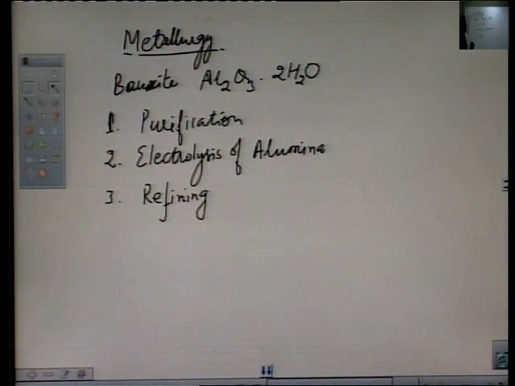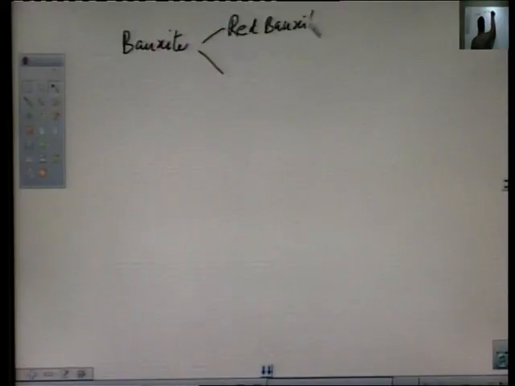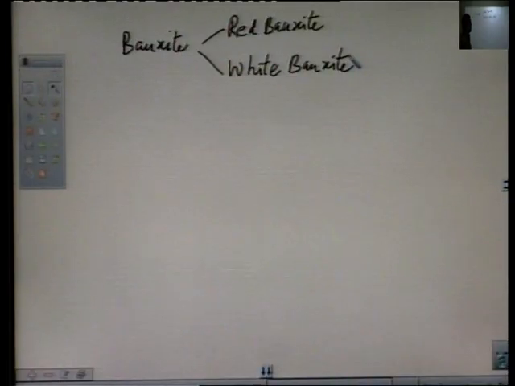Purification of aluminium ore, or bauxite. Bauxite is of two types, red bauxite and white bauxite.